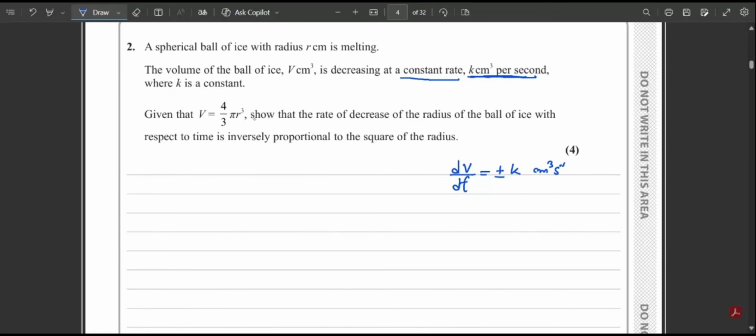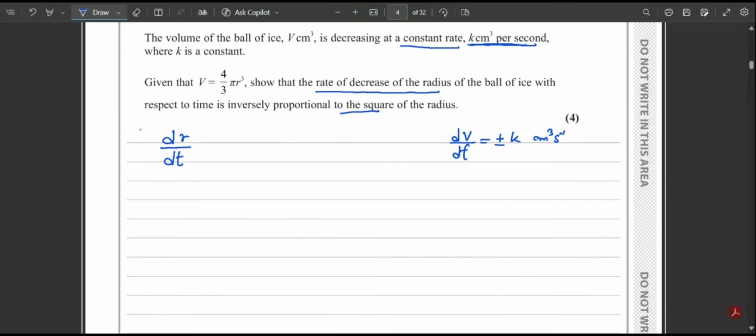So now we can see in the question that we have to show that the rate of decrease of the radius of the ball is inversely proportional to the square of the radius. So we have to find the rate of decrease of the radius of the ball in order to show this relationship. So we have to find out the value of dr by dt. We can relate all the rates. We can see that this is given, and we also know an expression of v and r.